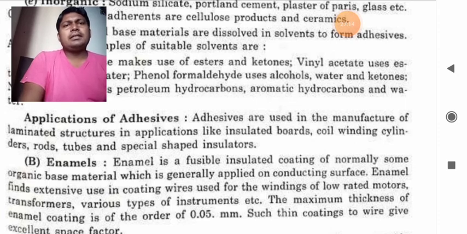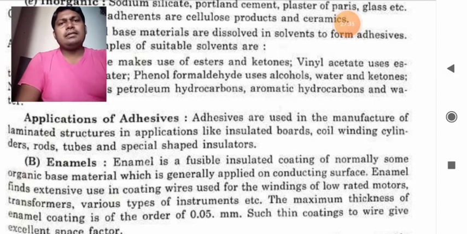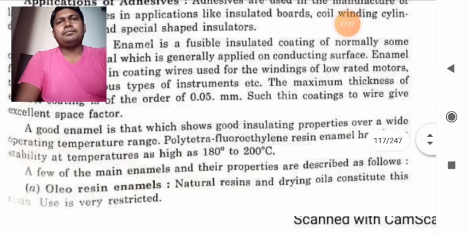Enamel finds extensive use in coating wire used for the winding of low rated motors, transformers, various types of instruments, etc. The maximum thickness of enameling coating is of the order of 0.05 mm. Such thin coatings of wire give excellent space factor.